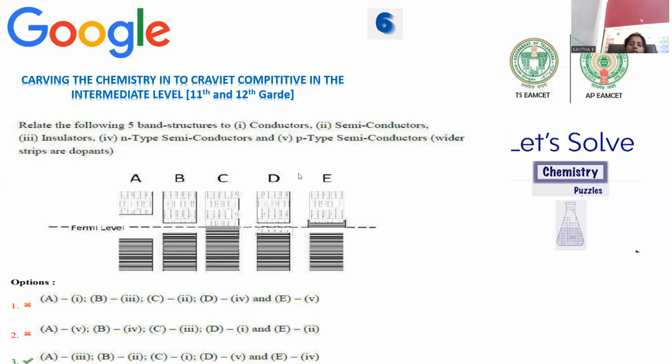And D for what? D is the p-type semiconductor. E is the n-type semiconductor. For question number 6, option number 3 will be the correct answer. This is the way, based on the energy bifurcation between the valency and conduction band, we can categorize all of these.